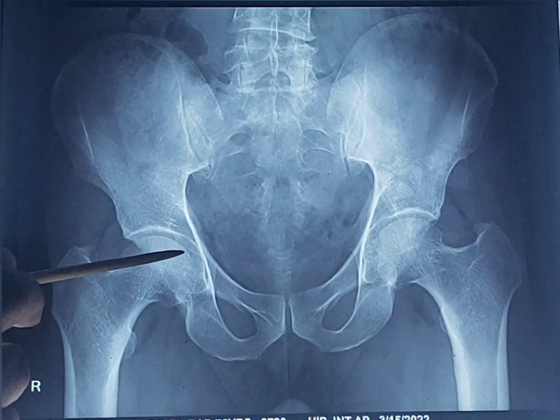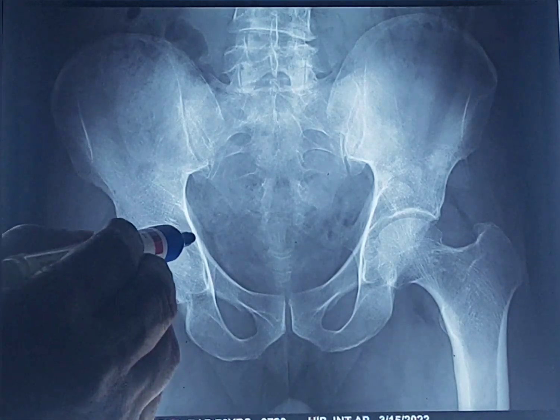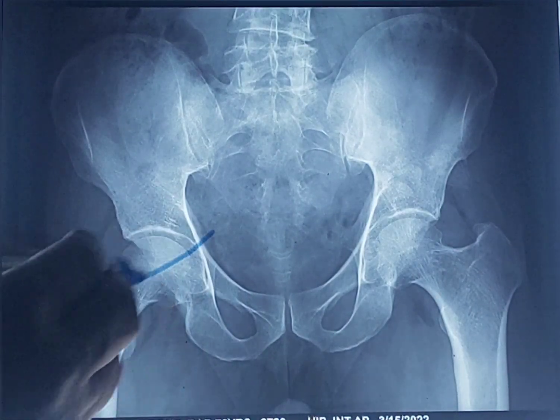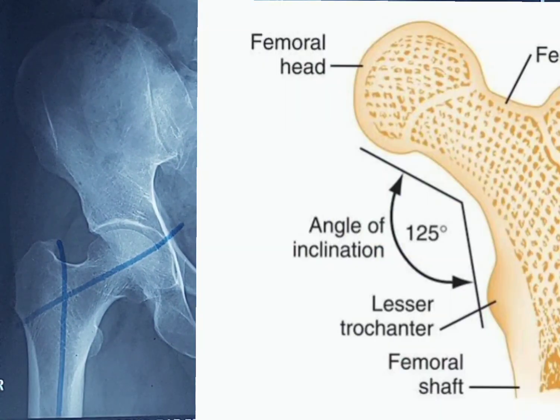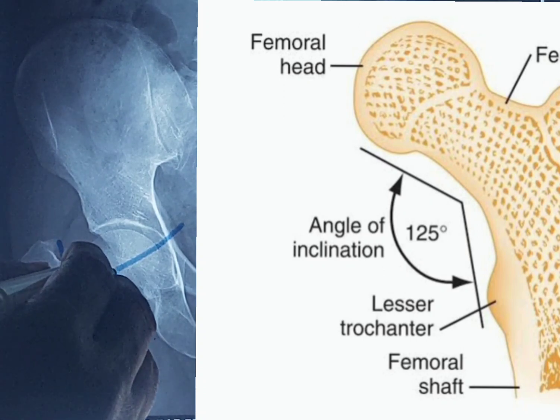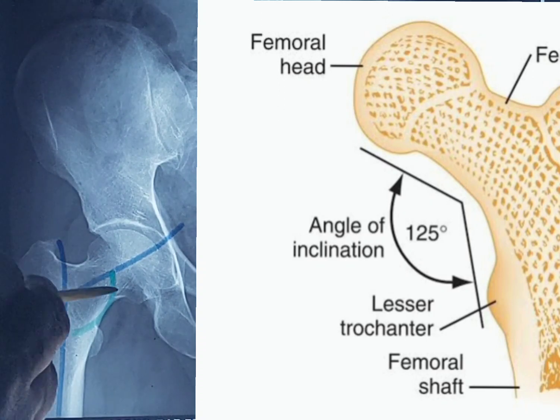And sometimes one question is asked: what is the neck shaft angle? If I draw a line which is the long axis of the femoral neck and the long axis of the shaft of the femur, the angle between these two axes is the neck shaft angle, this one. This neck shaft angle or angle of inclination is normally about 125 degrees in adults.